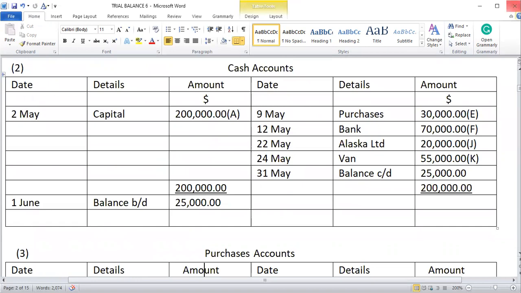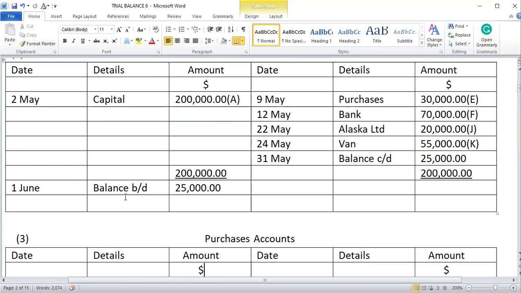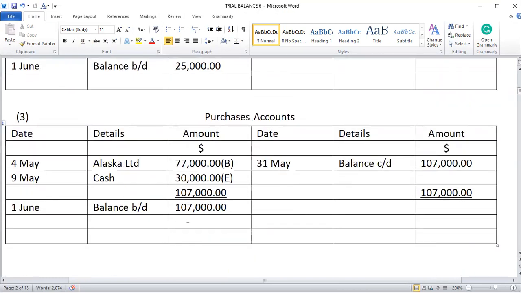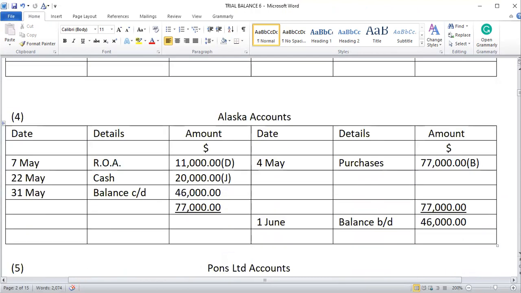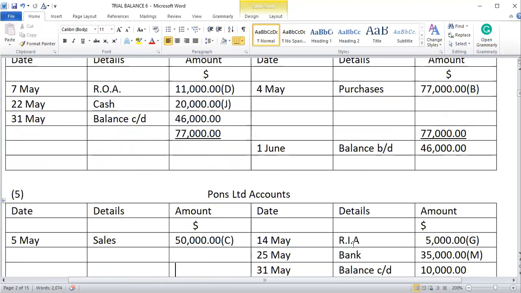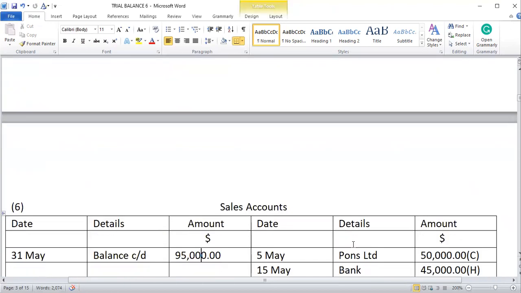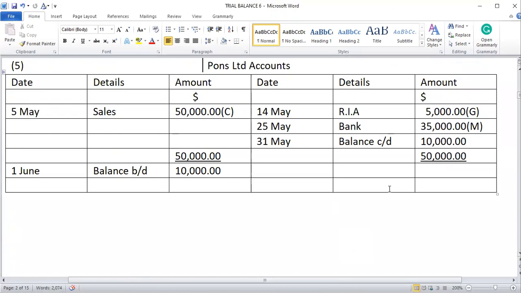So you write it down. Then the cash account is a debit balance. So you write it down and so forth. The purchases account is a debit balance. So you write it down. The Alaska account is a credit balance. You write it down. The Ponds Limited account is a debit balance because the subsequent one is shown as balance brought down on the debit side, and so forth.